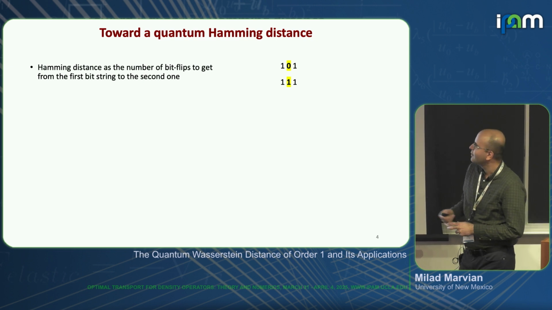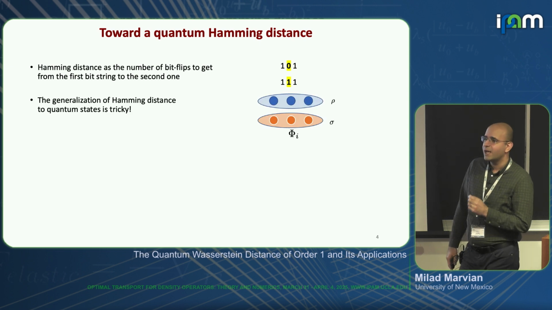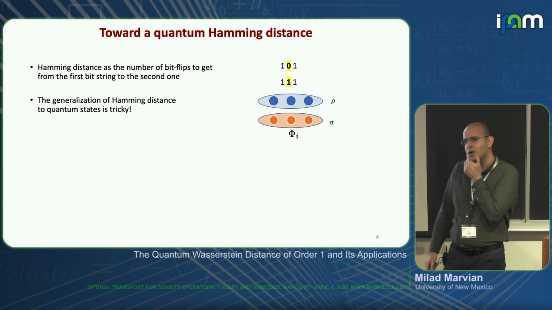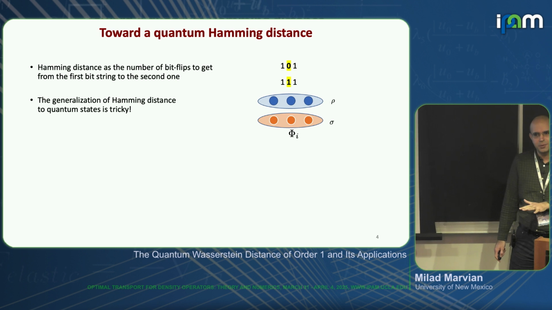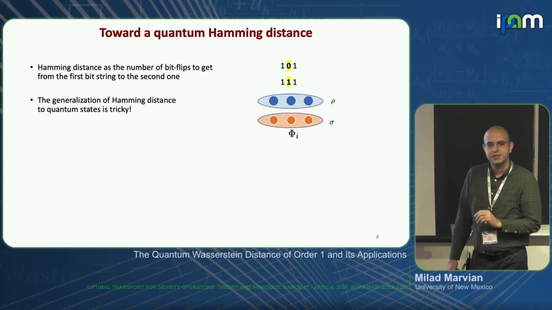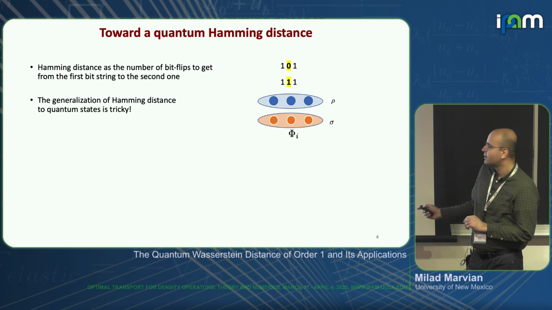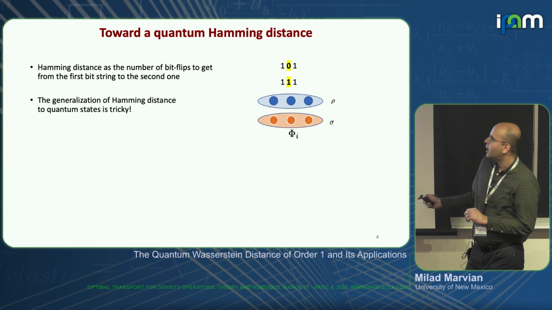Here, 1, and that's the Hamming distance. But can I do that quantum mechanically? I have 2 quantum states. By the way, in this talk, I'm going to just think about finite dimensional systems. These are density operators, trace one, positive semidefinite. And I would like to ask, can I define a distance such that if I act on this state locally, I get to this one?